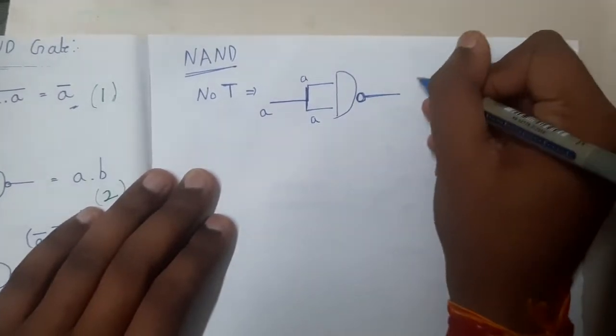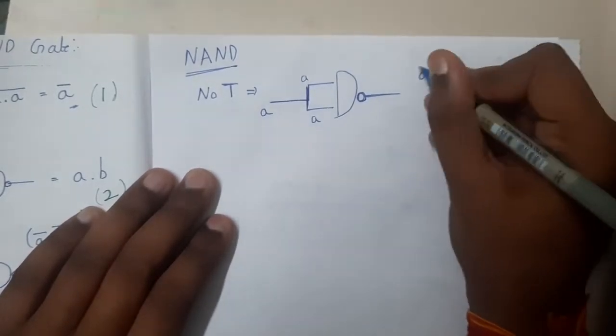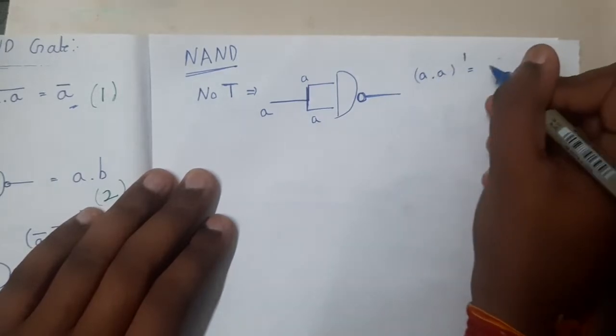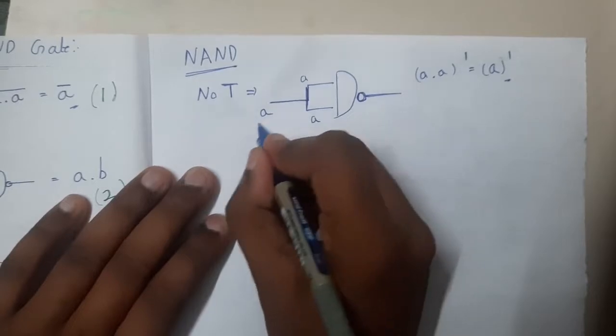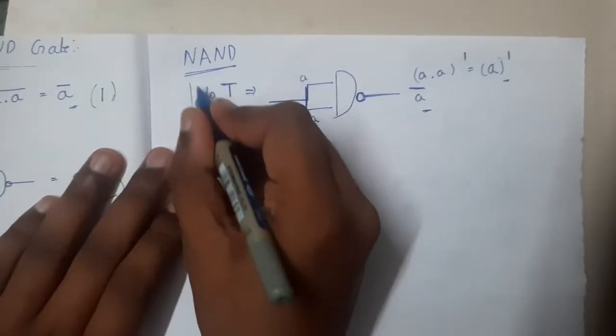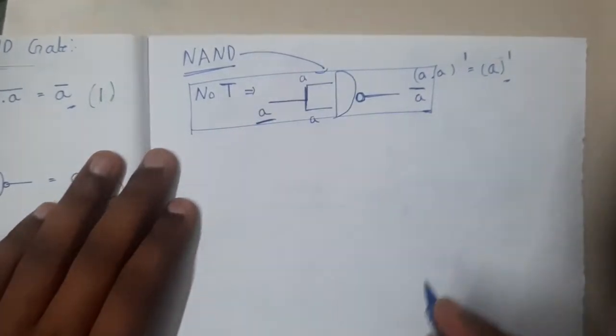That is nothing but (A into A) whole bar, which is equal to, what is A into A, guys? It is nothing but A bar, right? So we gave A as an input and we got A bar as an output. So indirectly it is working as a NOT gate and we used a NAND gate, right?